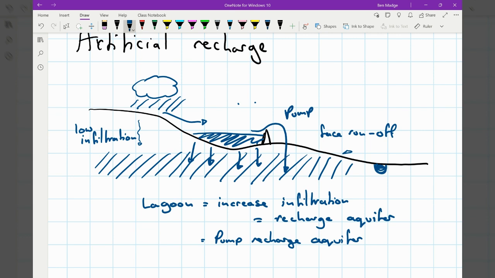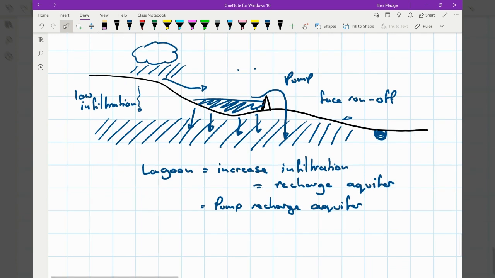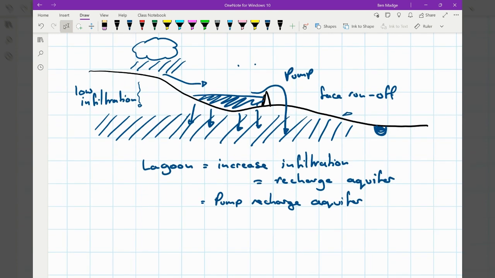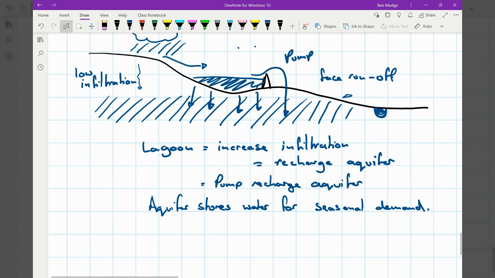And this means that we will have a better way of controlling the level of water in our aquifer, and we can use the aquifer as a store for seasonal demand. So there is a large managed aquifer that supplies London with water for summer peak demand, as an example.